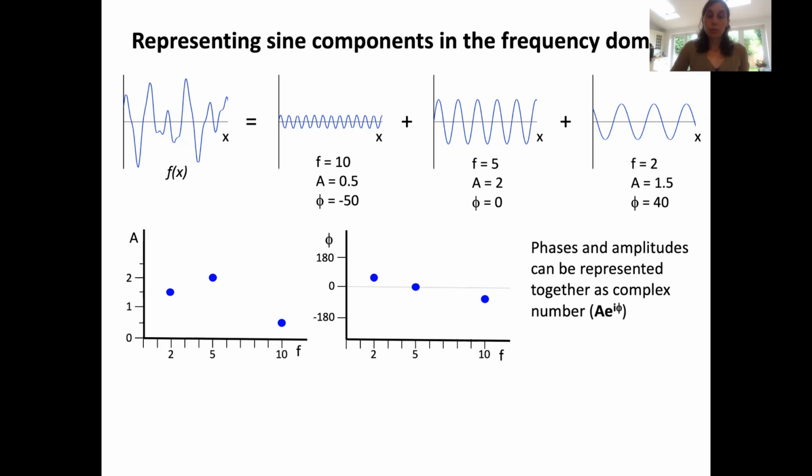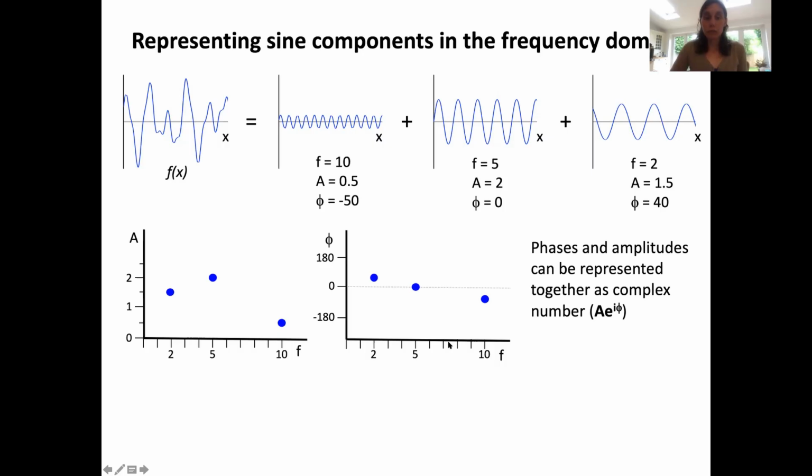Okay, we can actually put together the phases and the amplitudes into one single plot, if you wish, or one single number. We need to make a complex number that contains both the information about the amplitude and the phase. So this is the form that the complex number takes. I'm not going to go into the details of how this can be derived, but if you're familiar with the Euler representation of complex numbers, you will work it out pretty quickly.